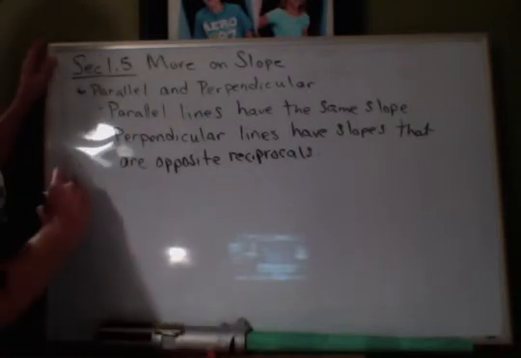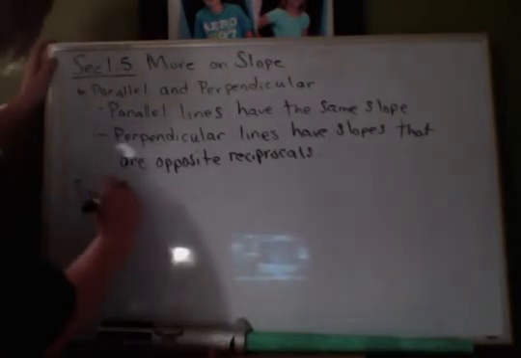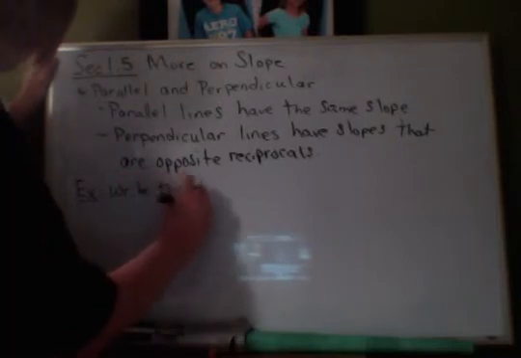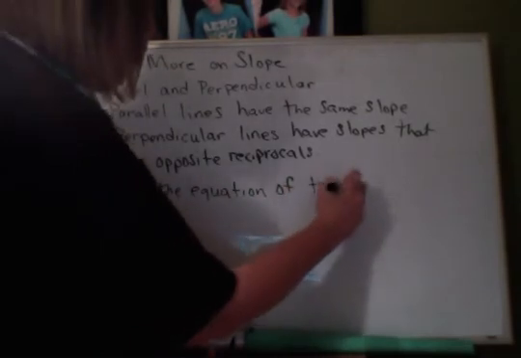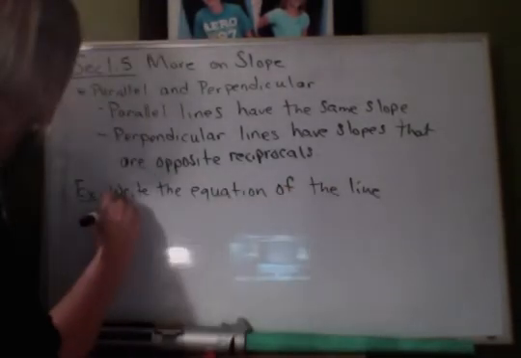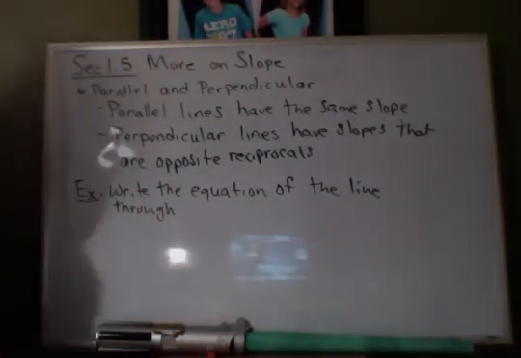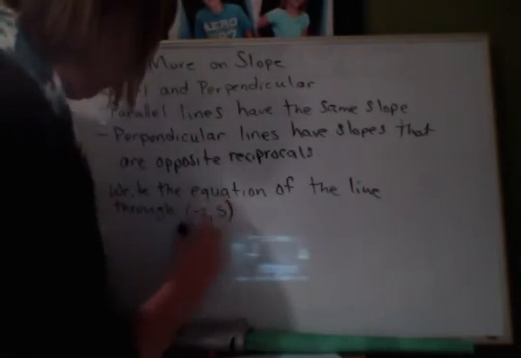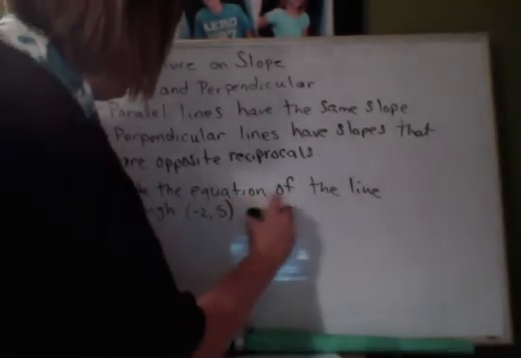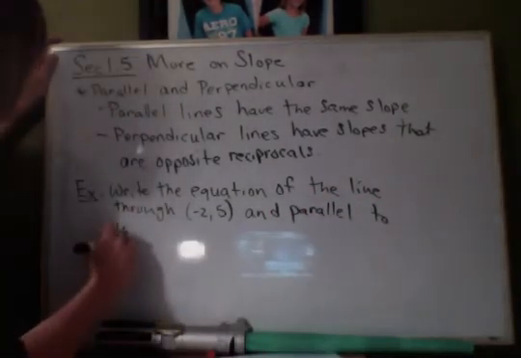So let's start with an example. We're going to write the equation of the line through the point, let's use (-2, 5), and parallel to y equals 3x plus 1.